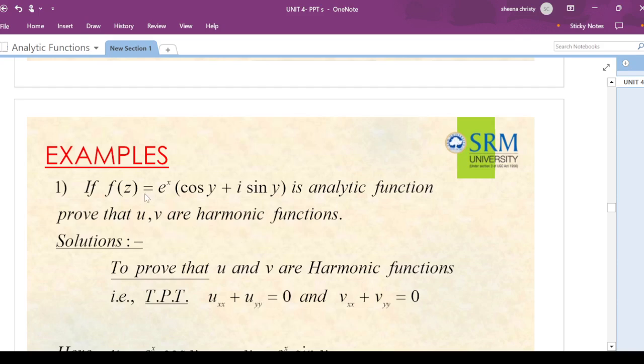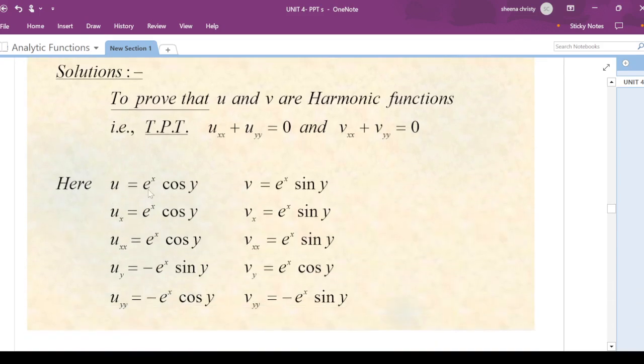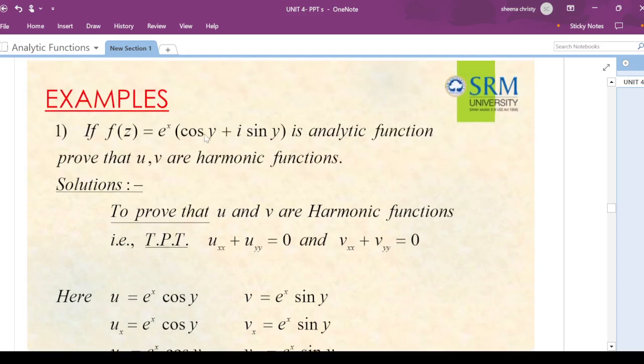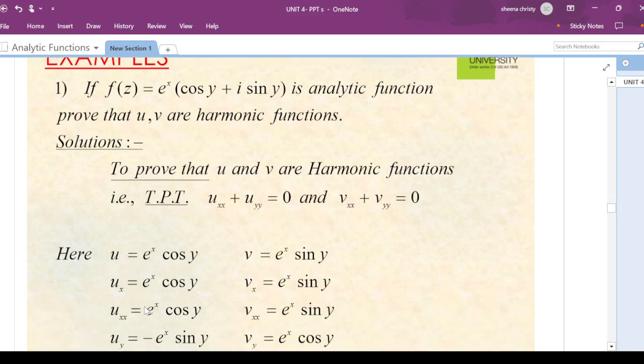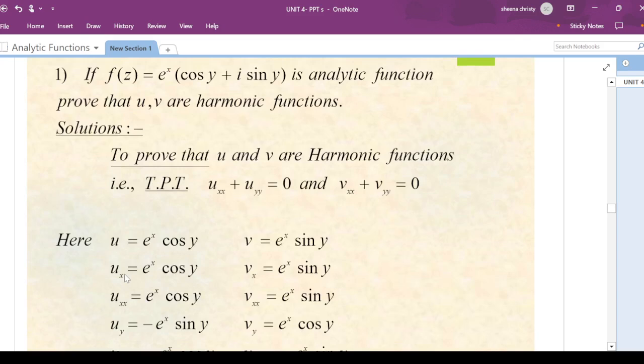So just find out the real part and imaginary part from f of z. So f of z equal to e power x cos y plus i into e power x sin y. Therefore, the real part is e power x into cos y. The imaginary part is e power x into sin y. Get the first order differentiation of u with respect to x, which is e power x into cos y.